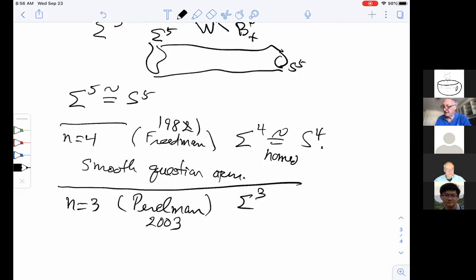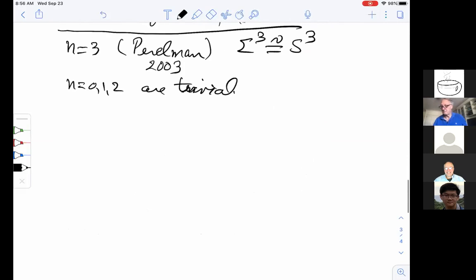Every 3-manifold has a smooth structure, and Sigma 3, a homotopy 3-sphere, is diffeomorphic to S3. N equals 0, 1, and 2 are trivial. They've been known since time immemorial. That is to say, from the 19th century. Okay.